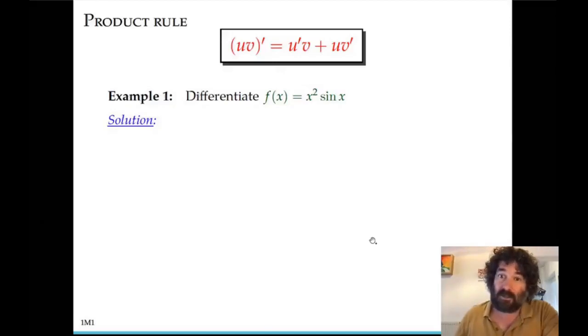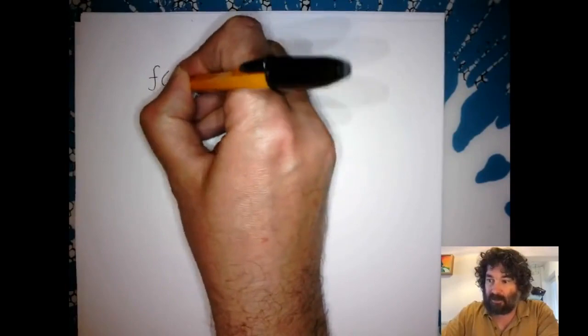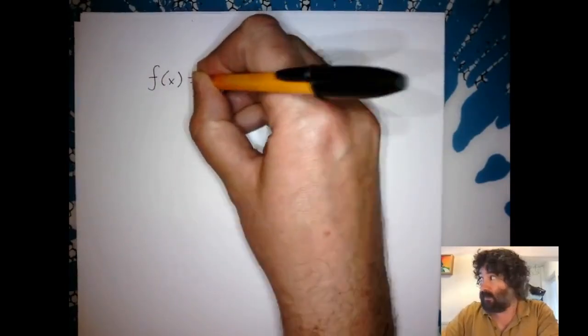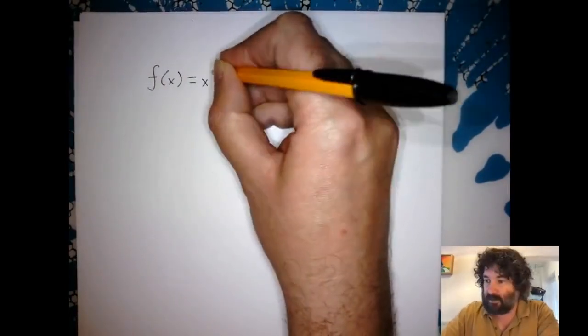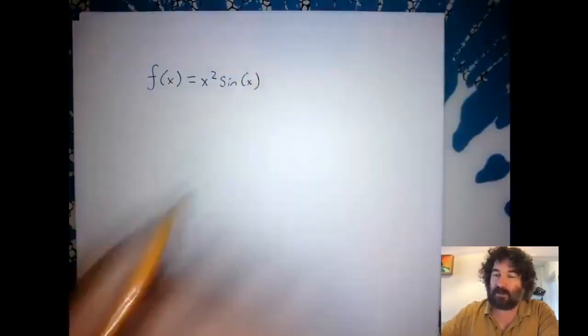And so first I'll look at the product rule. Here we have the product rule at the top of the slide for reference, and here we have a product of two functions, x squared times sine of x, and we're going to want to take the derivative of that using the product rule. Okay, so we have f(x) equals x squared times sine of x.